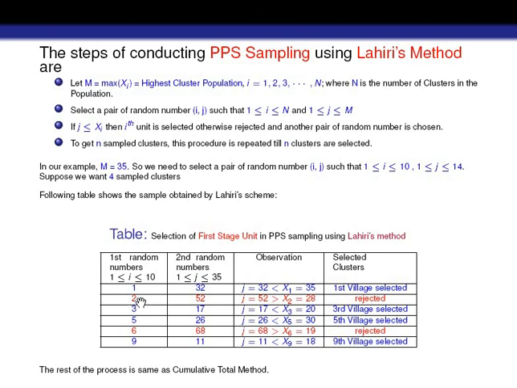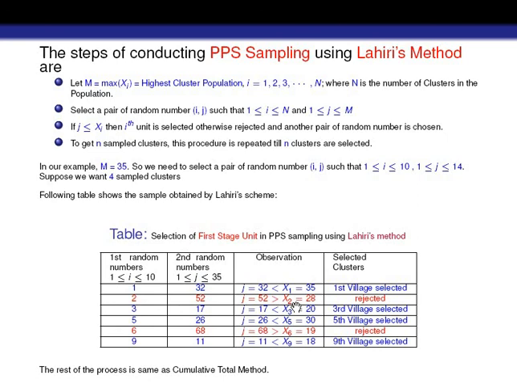Here you can see that 2 is selected, and corresponding to this we get 52. Now we have to see the size of our second cluster. If the size of the second cluster is greater than this one, then we'll select this cluster also for our study.